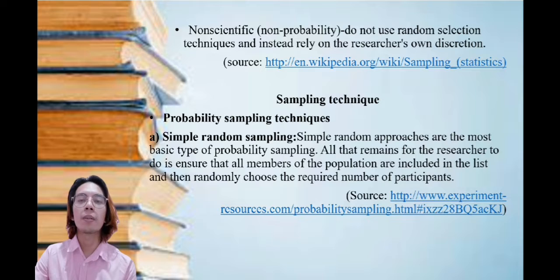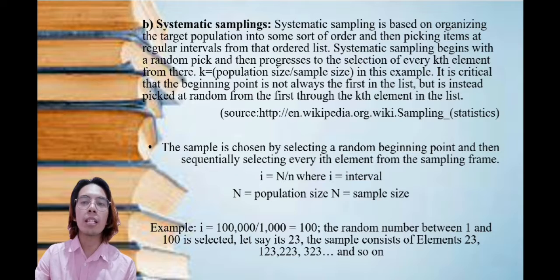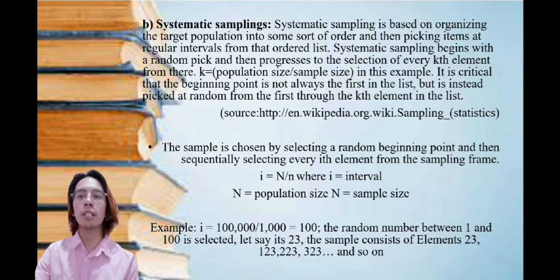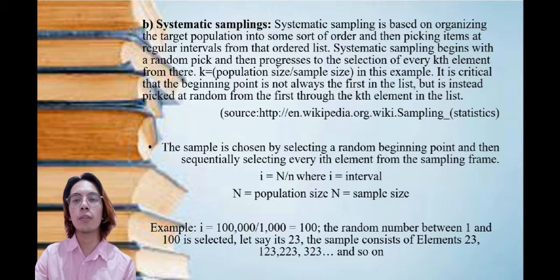Then next is systematic sampling. Systematic sampling is based on randomizing the target population into some sort of order and then picking items at regular intervals from that ordered list. Systematic sampling begins with a random pick and then progresses to the selection of every kth element from the list, where k equals population size over sample size.